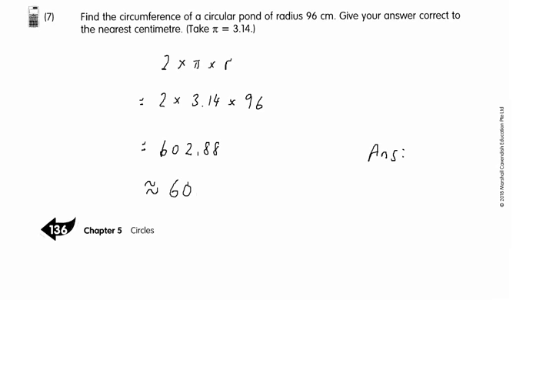But when you write 603, you must write centimeter, right? So 603. Sorry, I forgot to write units here. Okay?